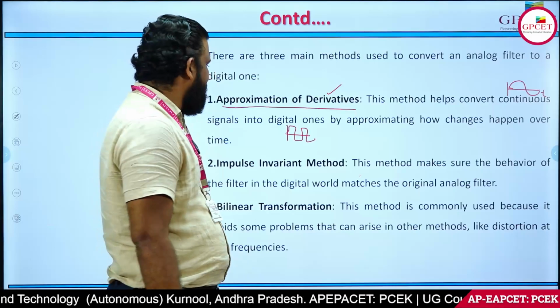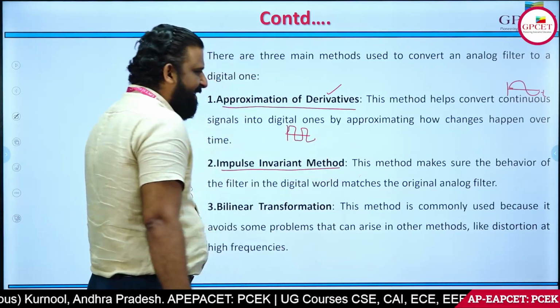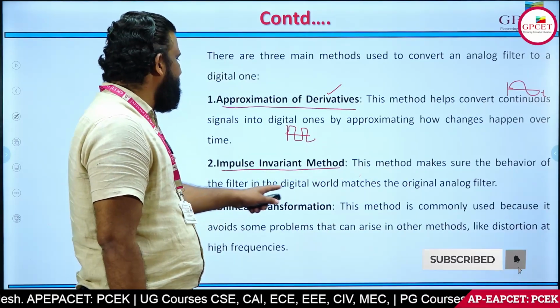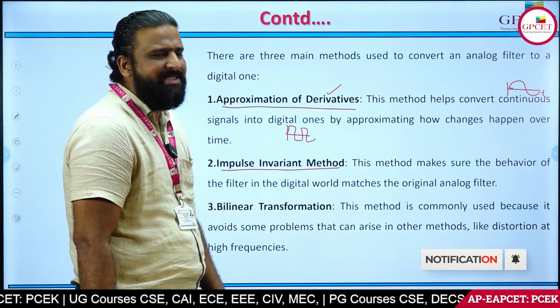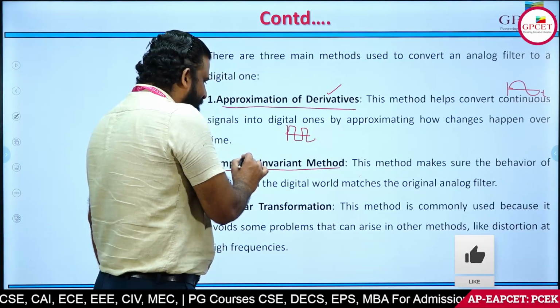Now coming to the second one, the impulse invariant method. This method makes sure the behavior of the filter in the digital world matches the original. Please observe the word impulse.